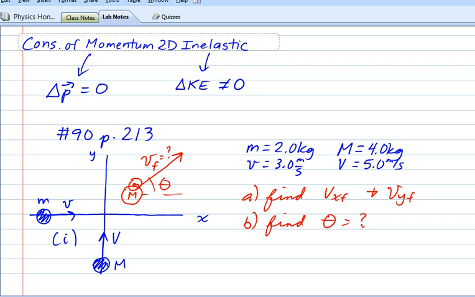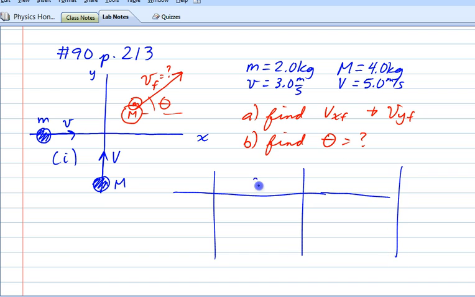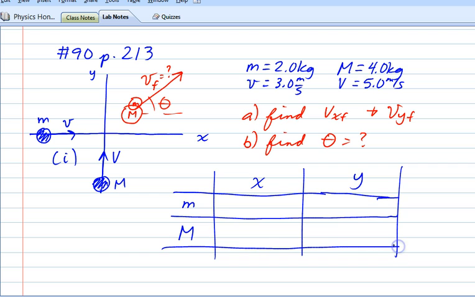Here's where that table that I showed you in a previous video for the momentum of a system comes in handy. So what we're going to do is set up a table showing the momentum of the system. We'll have the x direction, the y direction, the little mass, little m, and the big mass, big M. It looks like the first object is going entirely in the x direction, so it has a momentum of mv.